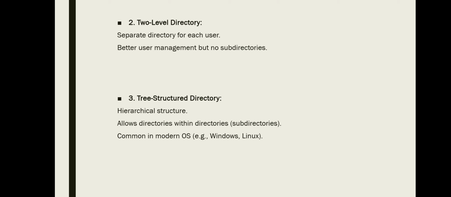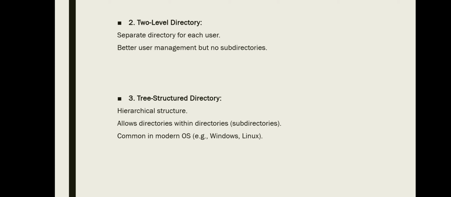Now the tree level directory. The tree structure directory in the operating system is mostly used in personal computers. Users can create files and subdirectories too, which was the disadvantage in the previous directory. This directory structure is like a tree upside down, where the root directory is at the peak. The root contains the directories for each user.